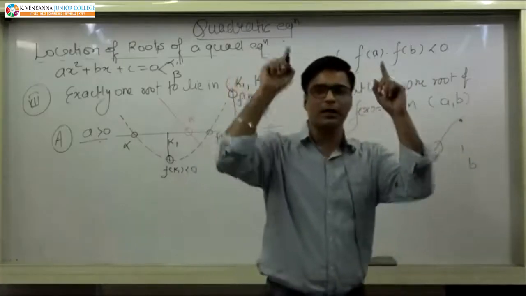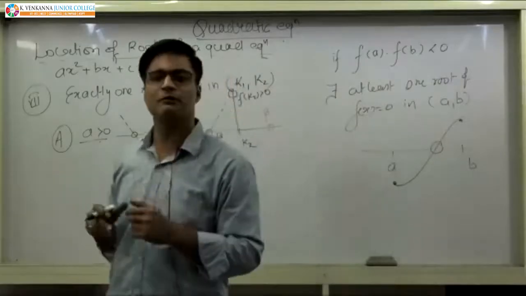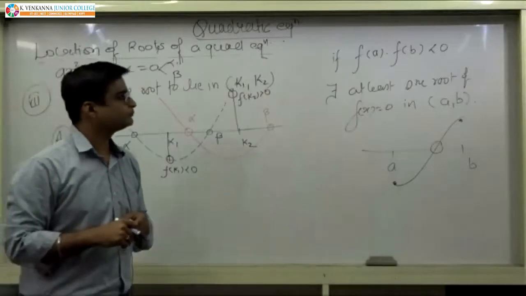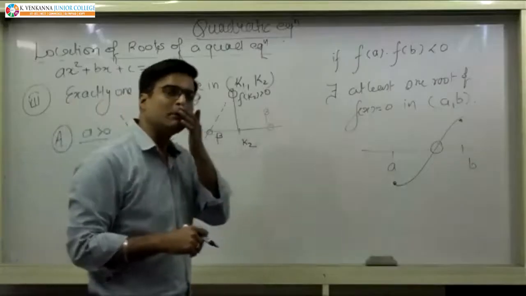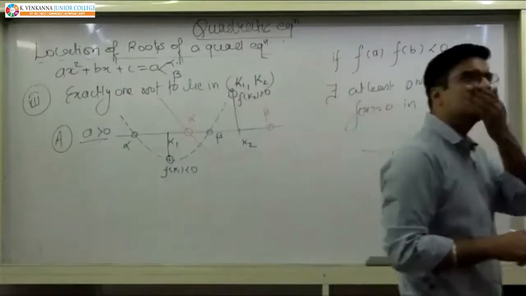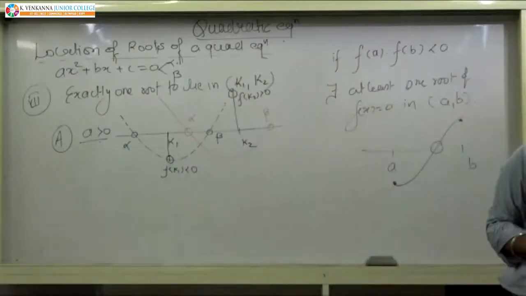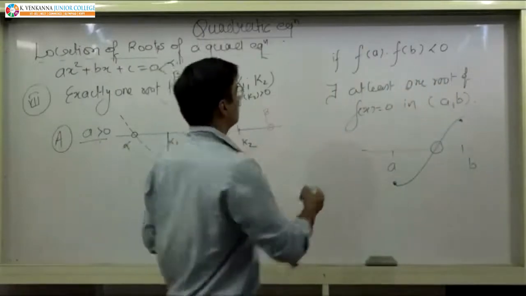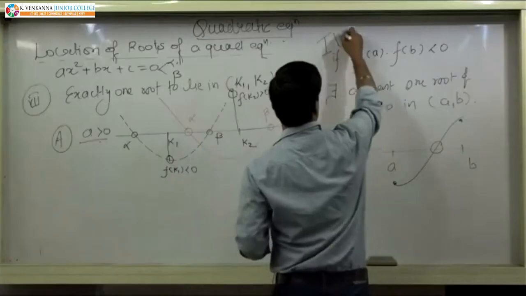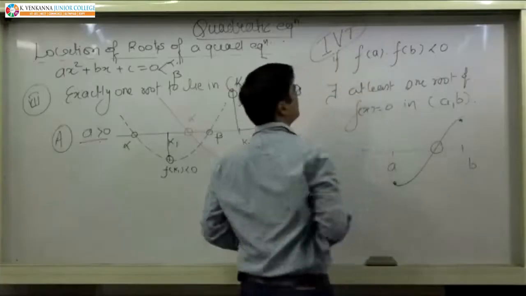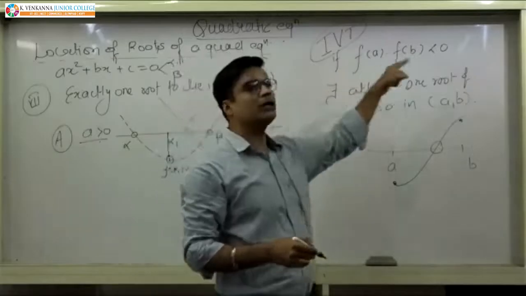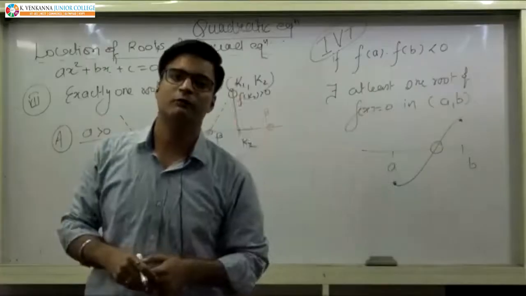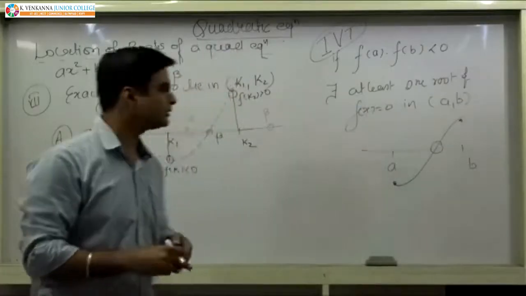Do we remember our intermediate value theorem that we studied in our first or second class of this quadratic equation? Anybody remember intermediate value theorem, IVT? In IVT, we wrote this: f of a into f of b is lesser than 0. If they are of opposite sign, then a root will lie in the interval a comma b, right?